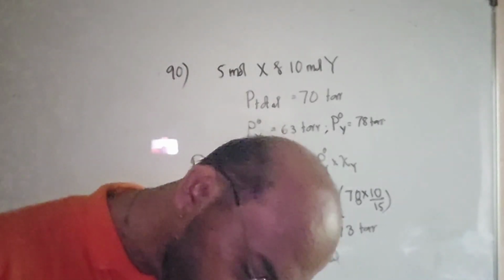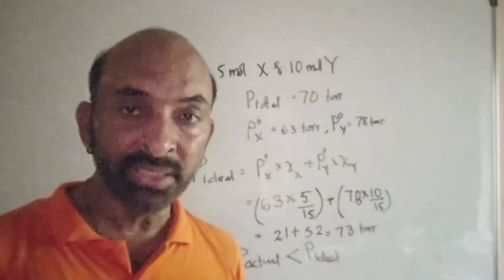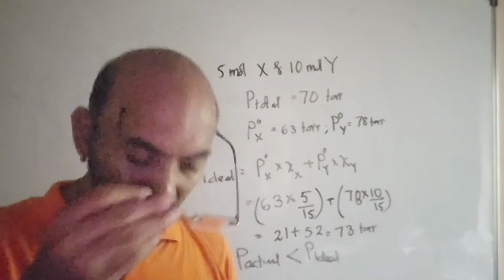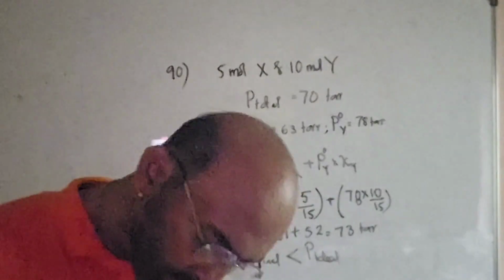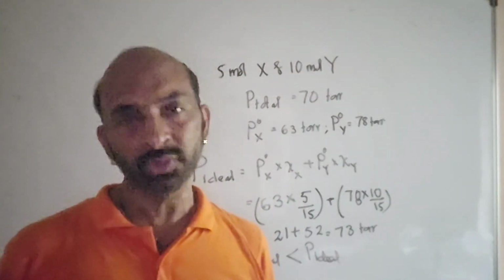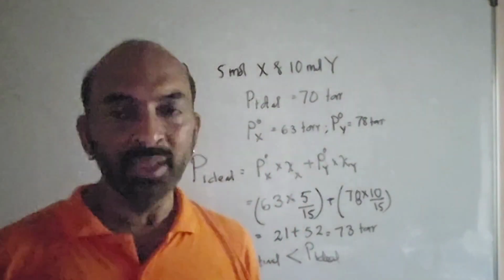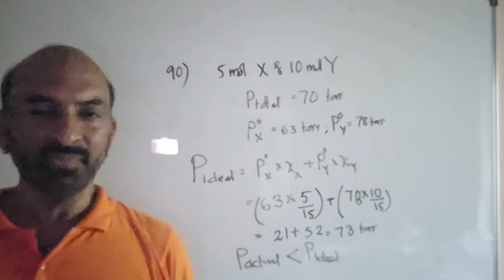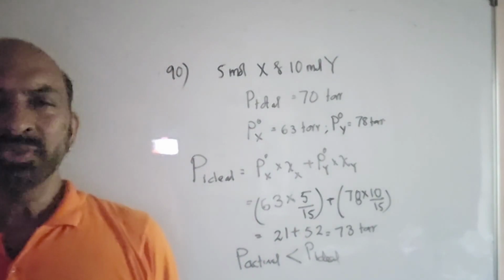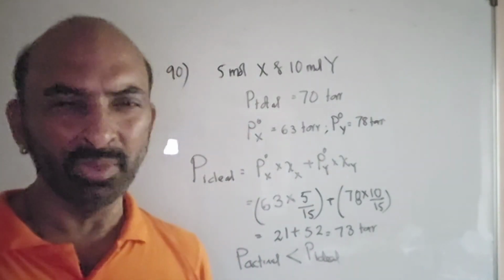Then 2, the solution shows positive deviation. No, we have seen it is showing negative deviation. Number 3, the solution shows negative deviation. That is correct. So 3 is correct. The solution is ideal? The solution is not ideal; we have seen that. Actually, giving such combinations of options is not good.